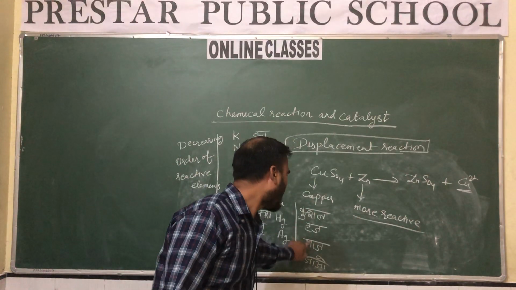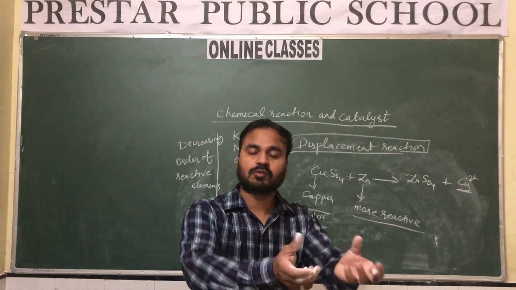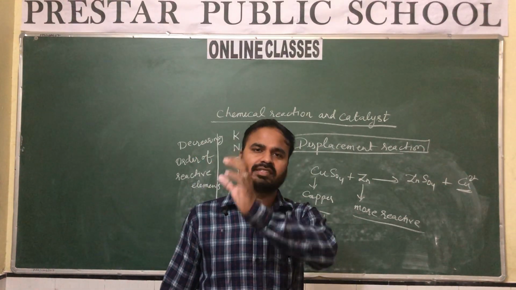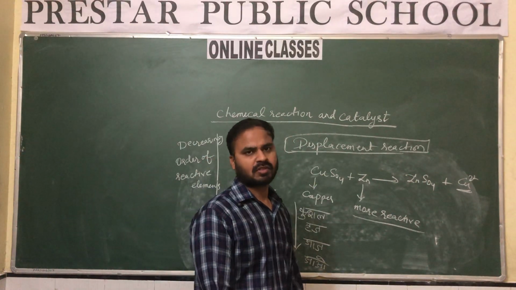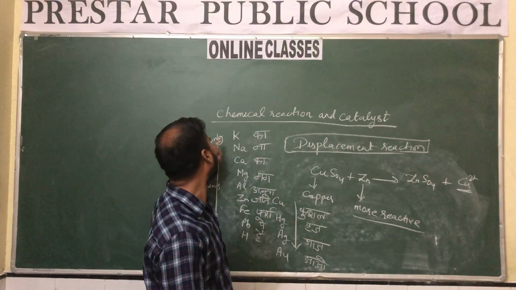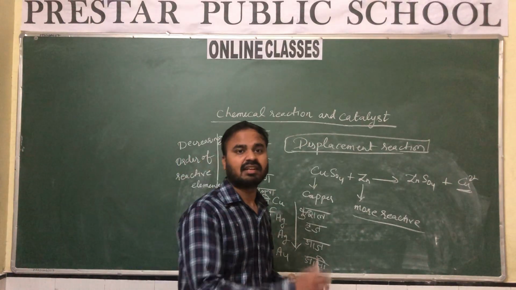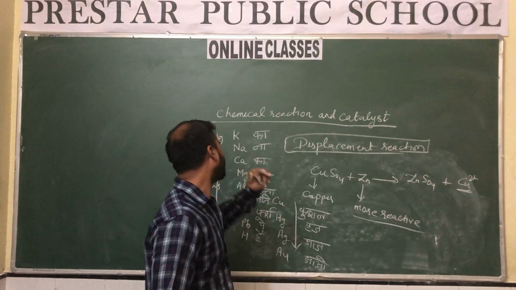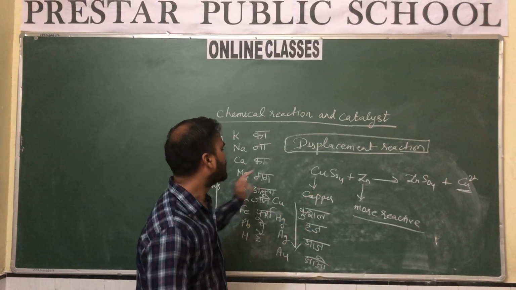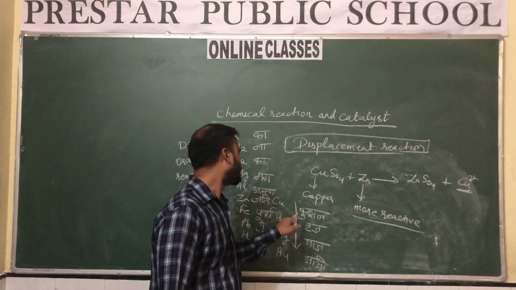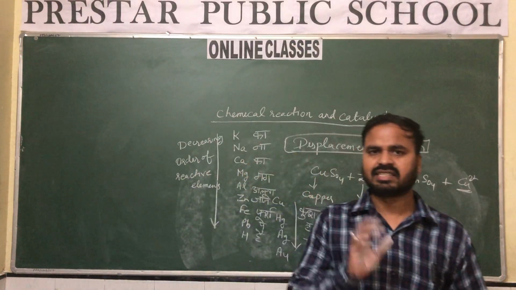Suppose I am at Hajj and I am saying to Kushal, Kushal Hajj Aaj Aao. So it is the order of learning reactivity. Which one is most reactive? First potassium, then sodium, calcium, magnesium, aluminium, zinc, iron, lead, hydrogen, then copper, mercury, silver and gold. Now I think this is clear.